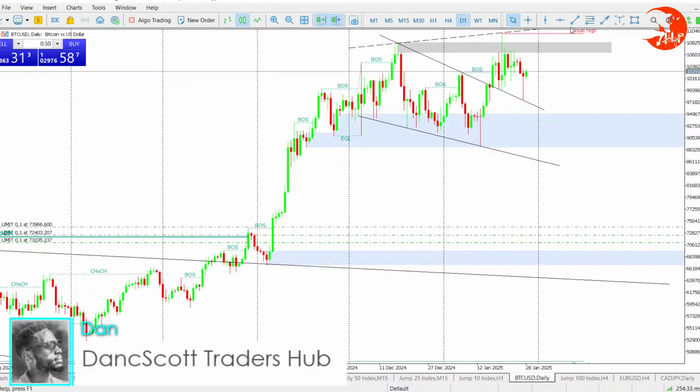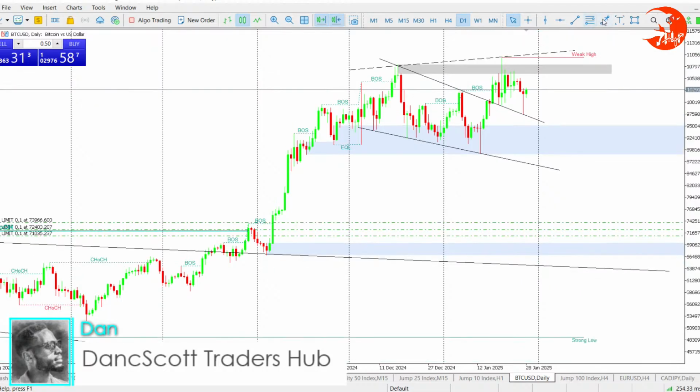So currently our all-time high price is at that level there, which is, let me get a price level. So our current all-time high is almost 110K.